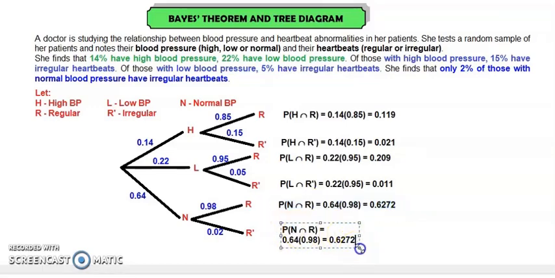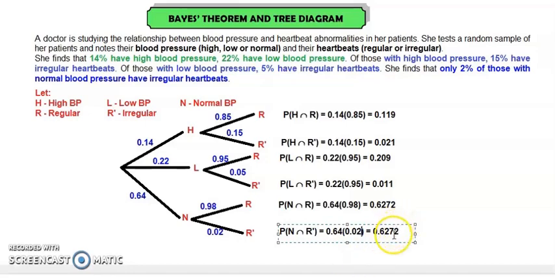Last one, the probability of normal blood pressure intersect R prime, 0.64 multiplied by 0.02, is equal to 0.0128.